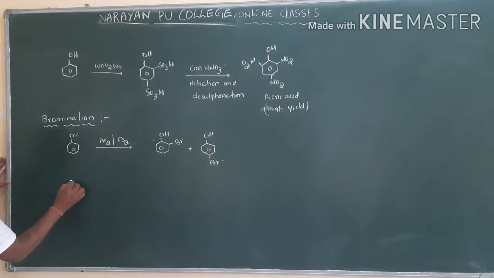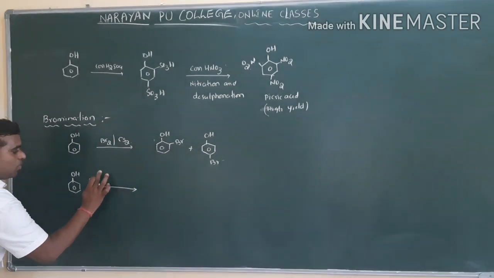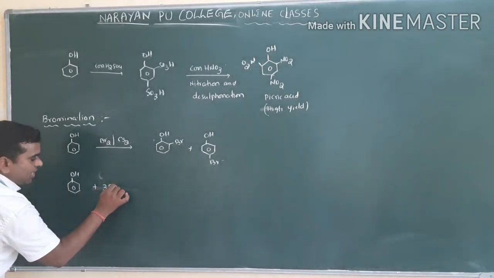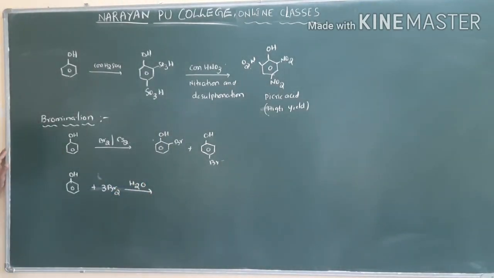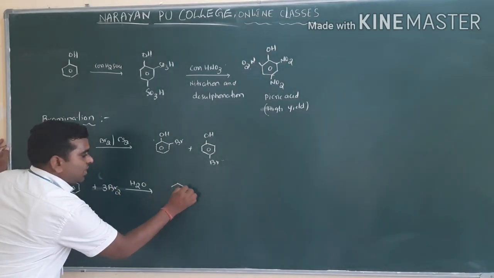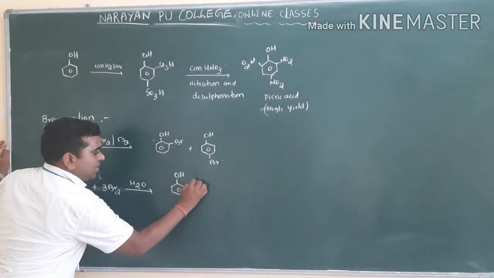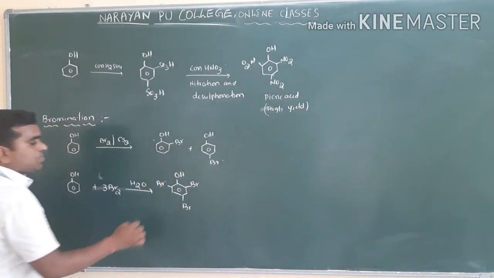Clear? And if you take the same compound, phenol, and treat it with bromine water, that is, bromine plus water, you will get the compound with OH and Br, Br, Br.